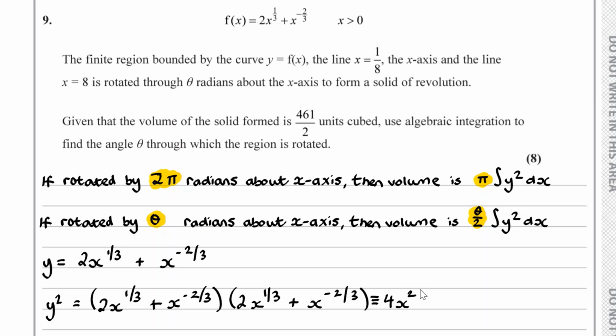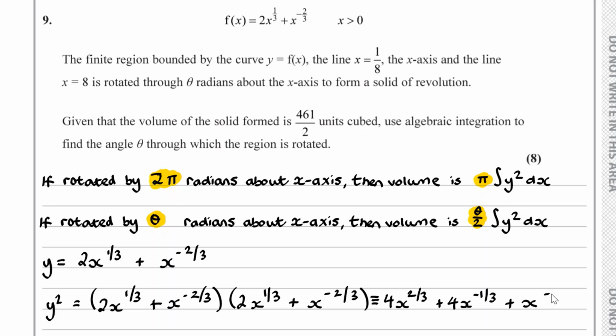And then we've got 2x to the third times by x to the minus 2/3 twice. So we have 4x to the minus 1/3. Just make sure that you know your rules of indices for this same base number, and we multiply, we add the powers, and then x to the minus 2/3 times x to the minus 2/3.